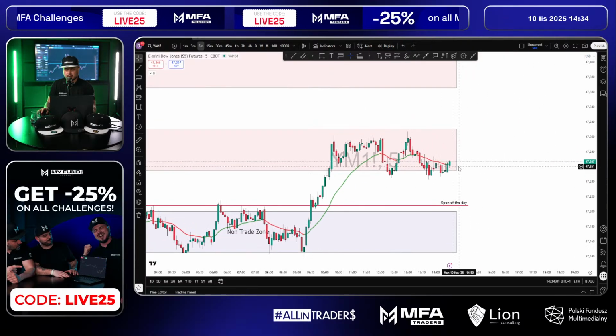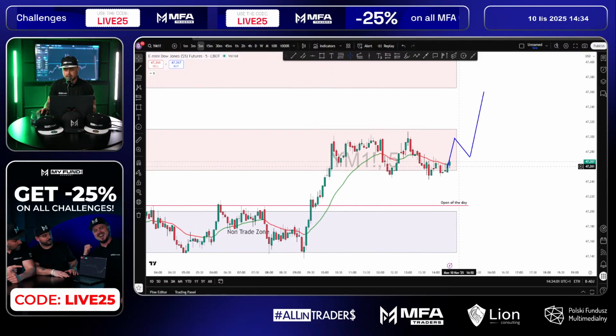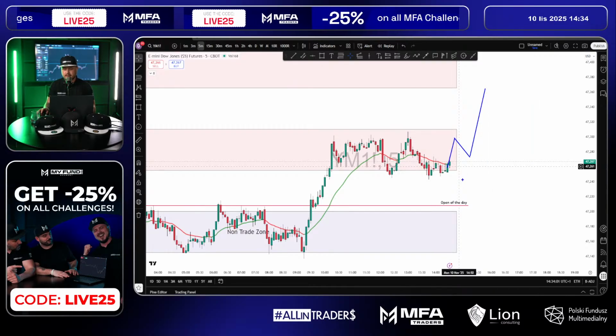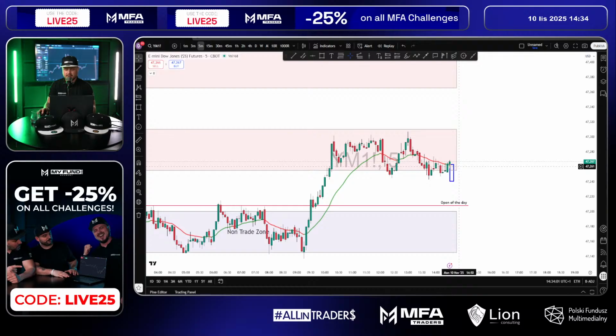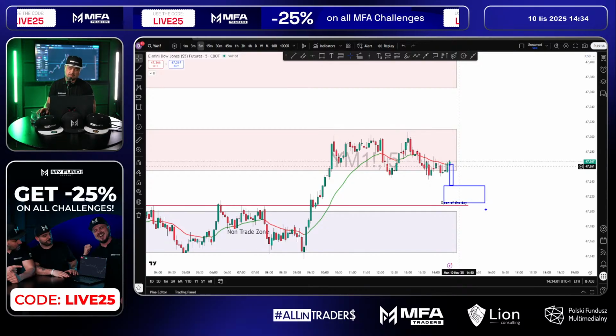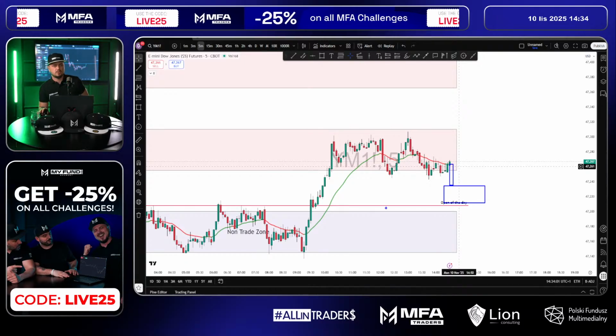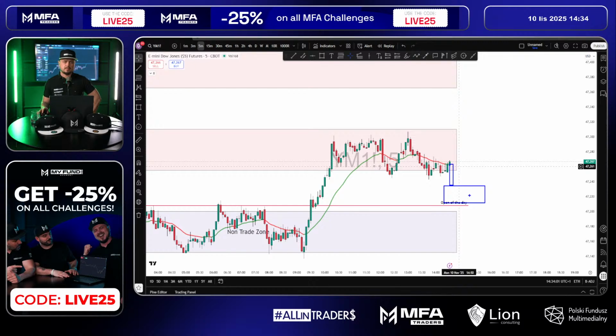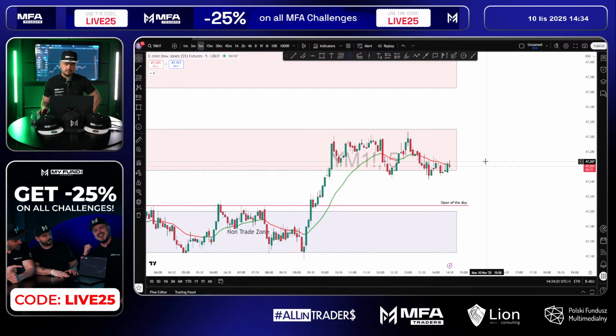The best is if we can see something like this going higher. I need more space to the open of the day, because if they move now, there will be no space to open the trade. I don't want to open a trade if I don't have any space. I need space for my stop loss and my take profit.